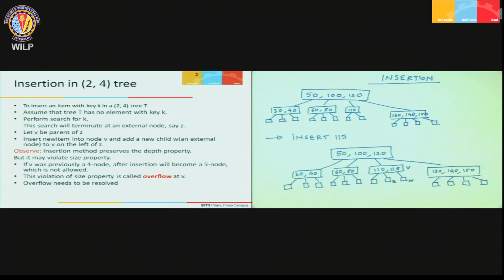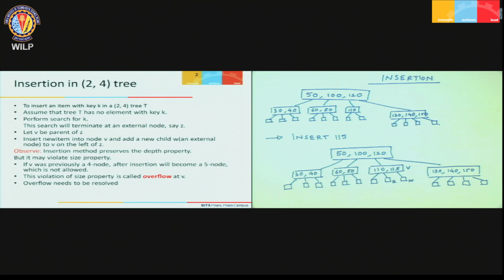So, the depth property is satisfied. In this particular case, even the size property is satisfied. We see that at each node, the 2,4 size property is satisfied. So, the resultant tree is a 2,4 tree.